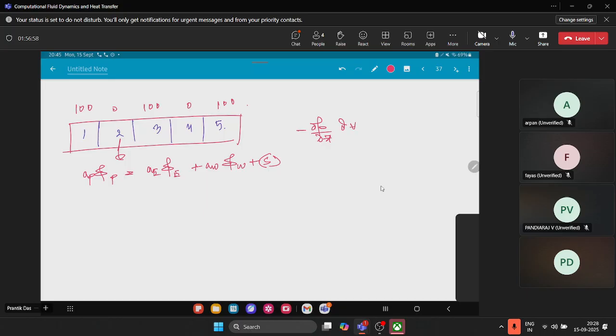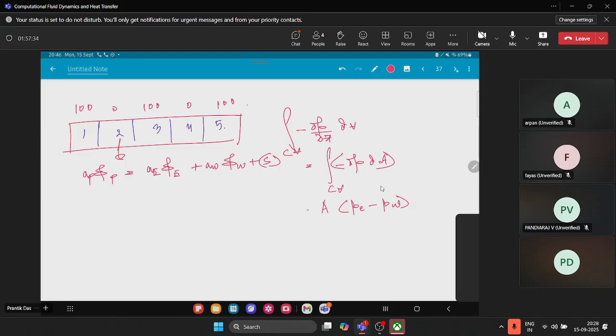So we multiply the delta V with the source term, and then take the volume integral. This control volume is equal to minus dp multiplied by dA. If the area is constant, it becomes minus of P at east minus P at west, times this differential area.